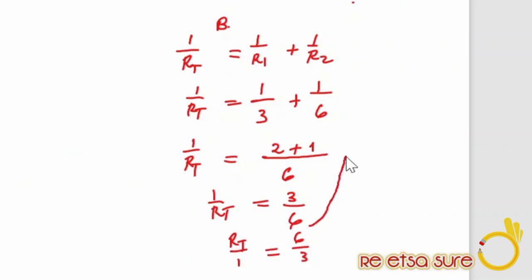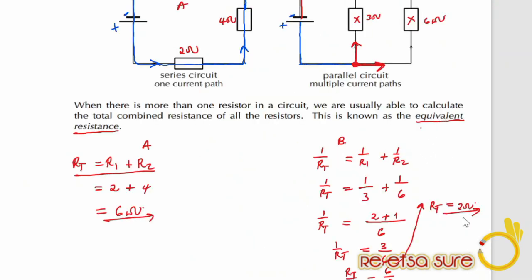So RT is equal to 6 divided by 3, which is 2 ohms. Therefore the total resistance of this circuit is 2 ohms. And remember this, this is just advice.